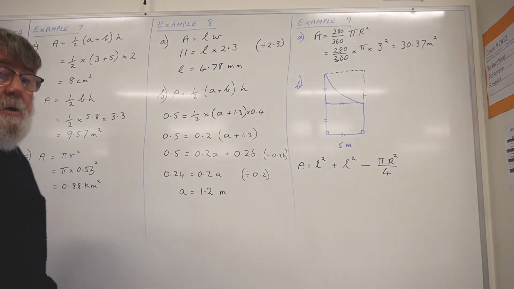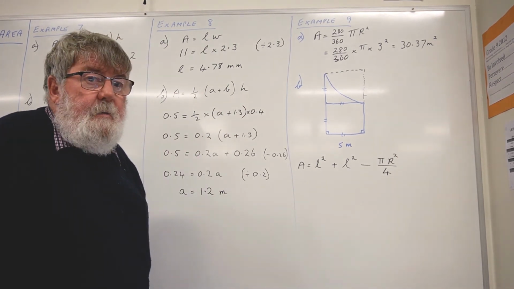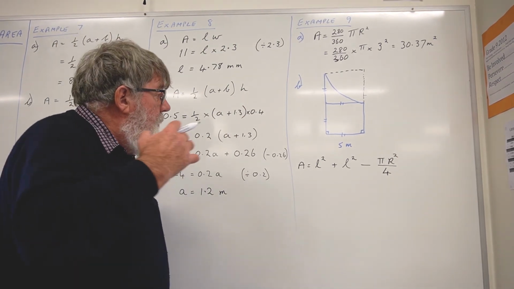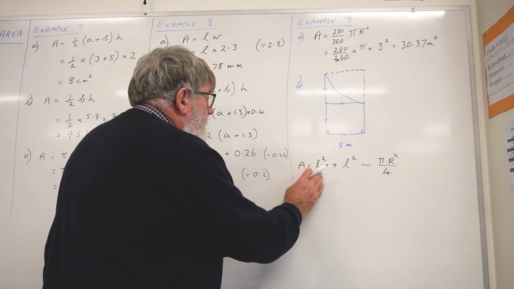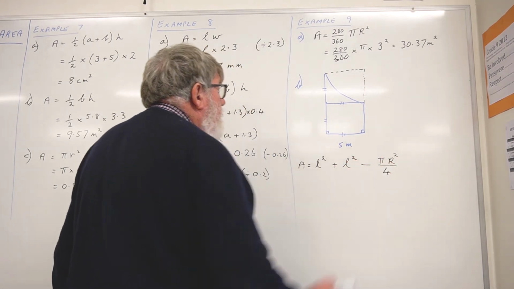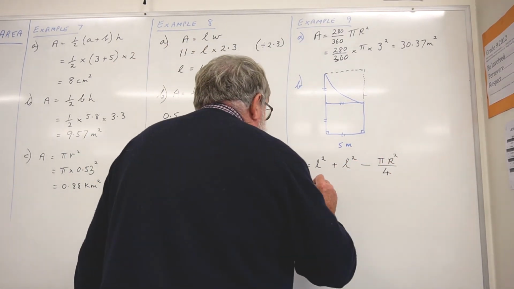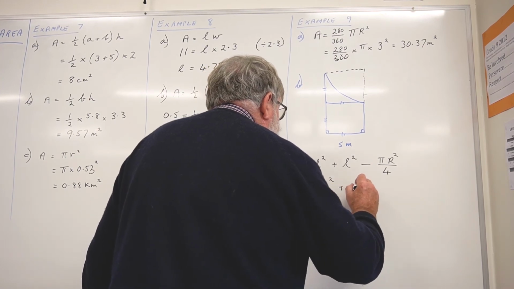And that is essentially the thinking step for this sum. If you can do that, you've effectively got it nailed. Because look at what the formula is saying. My area is made up of a square, another square, but then with a quarter of a circle taken away. All we need to do from there is the length of the square is 5.